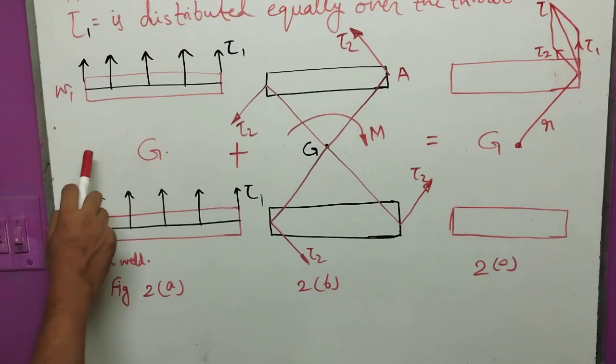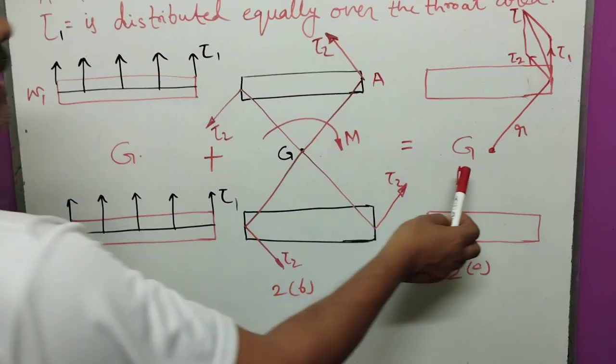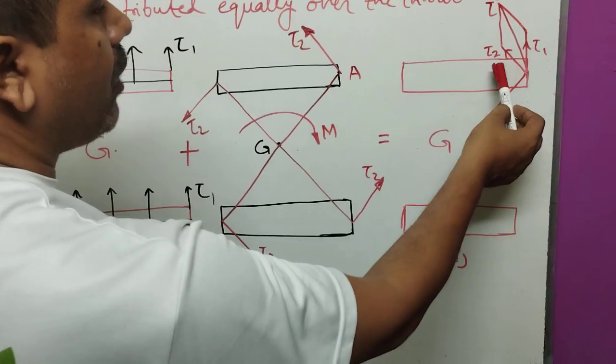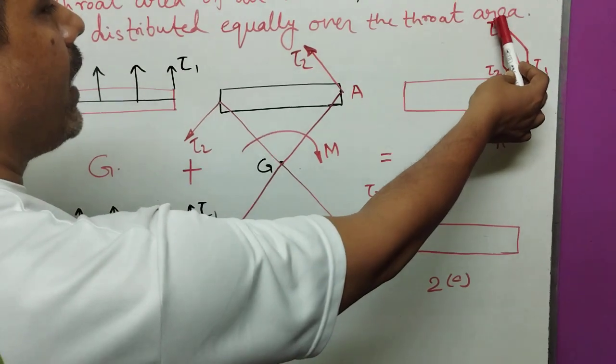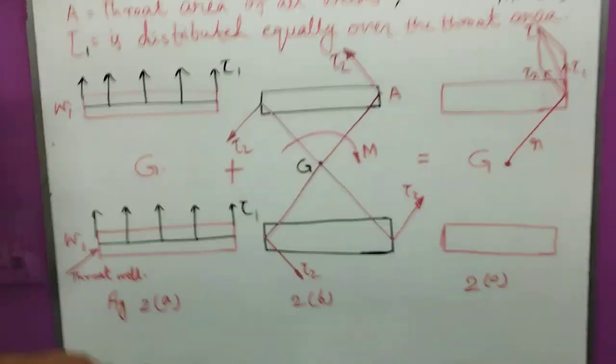The first and second figures are combined, and the resultant of tau 1 and tau 2 gives the shear stress tau.